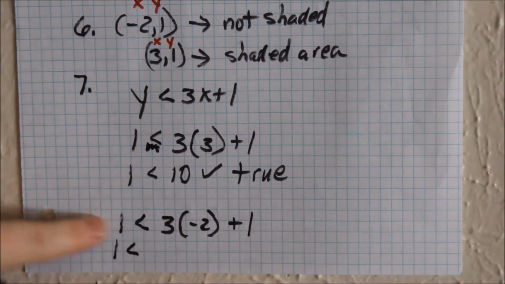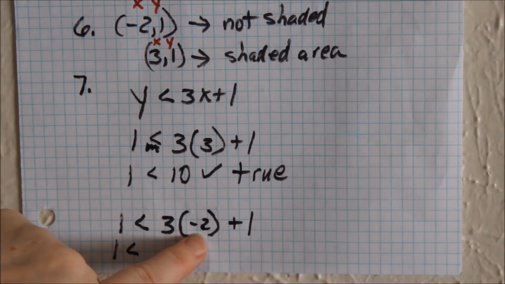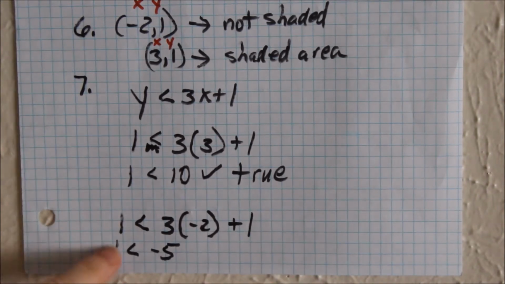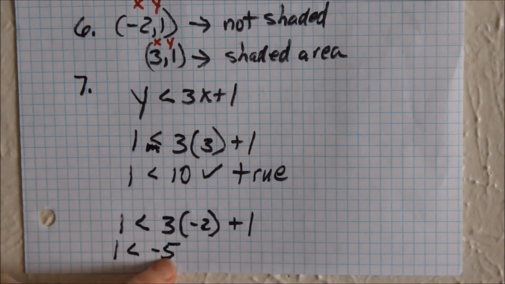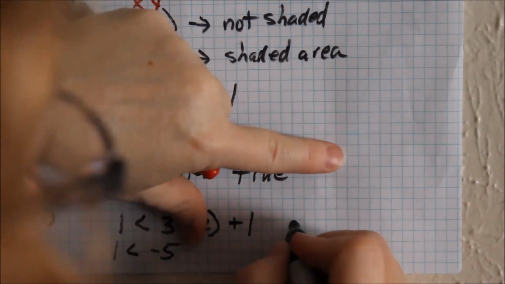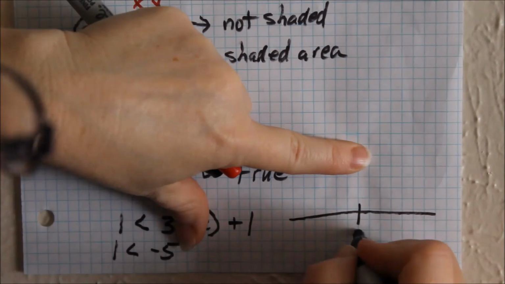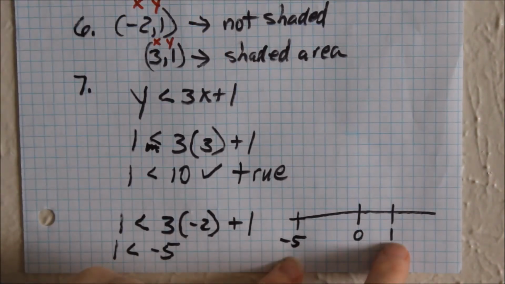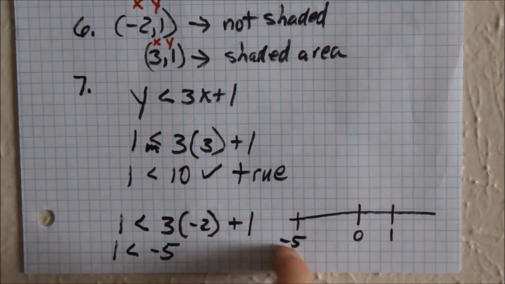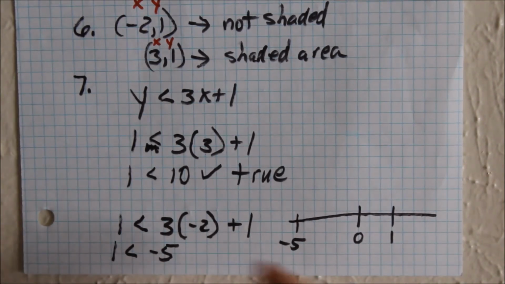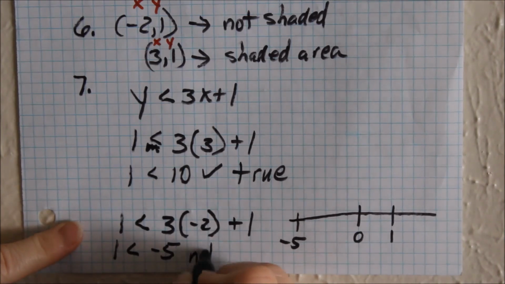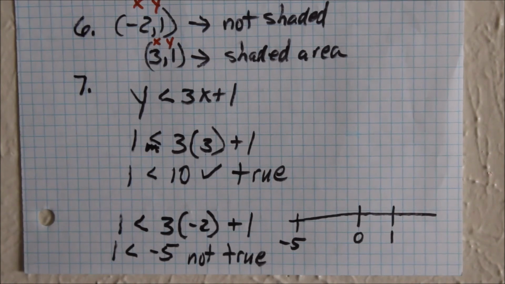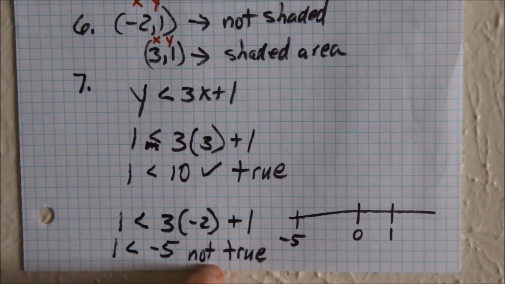So 1 is less than 3 times -2 is -6, and -6 plus 1 is -5. Is 1 smaller than -5? No. If you look at a number line, there's 0, there's 1, -5 is somewhere over here. 1 is not smaller. Anything smaller than -5 would be to the left. So this is not true. And any point that's in the not shaded area should be not true.